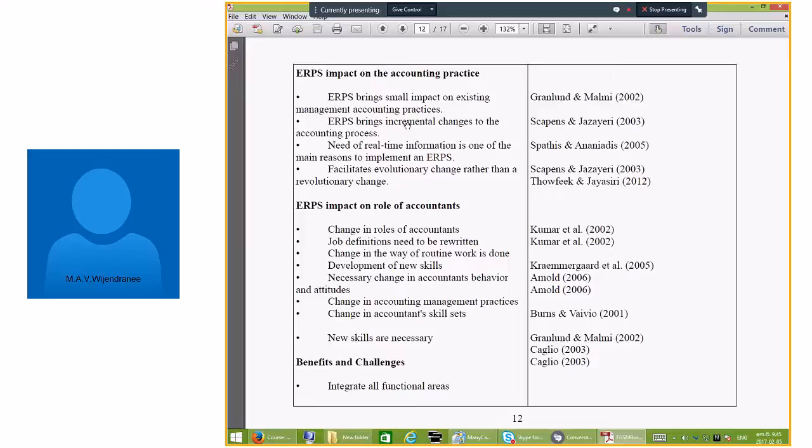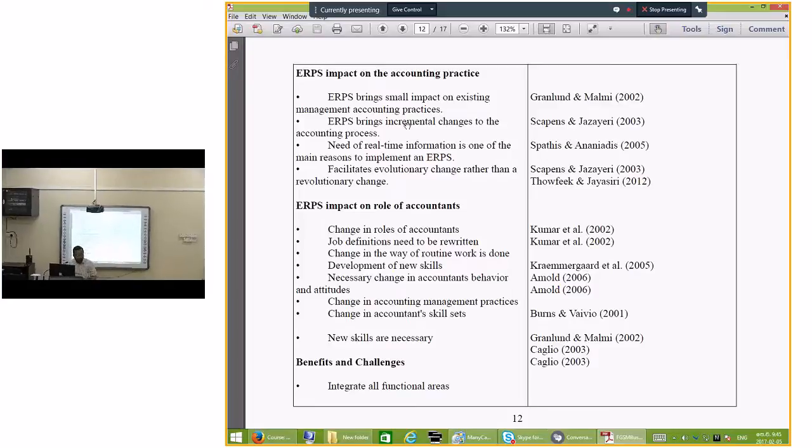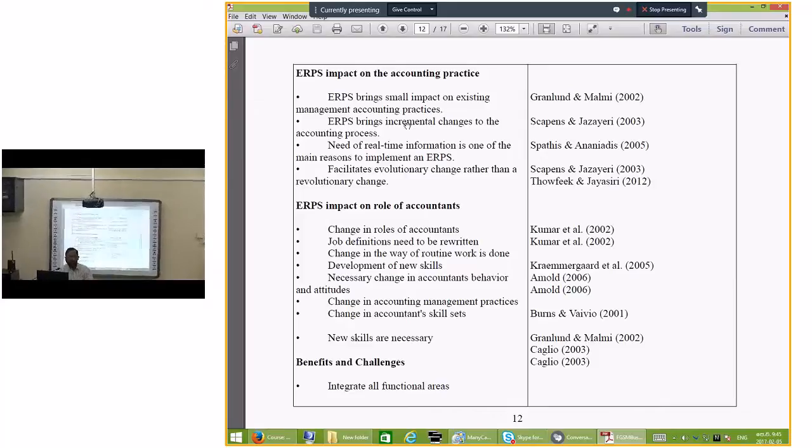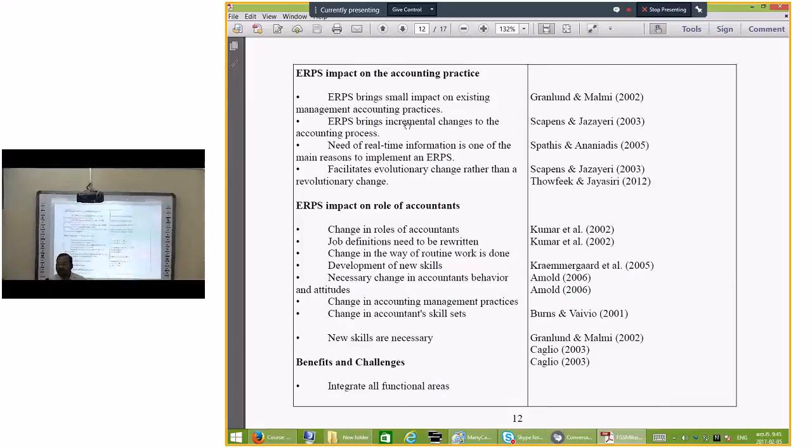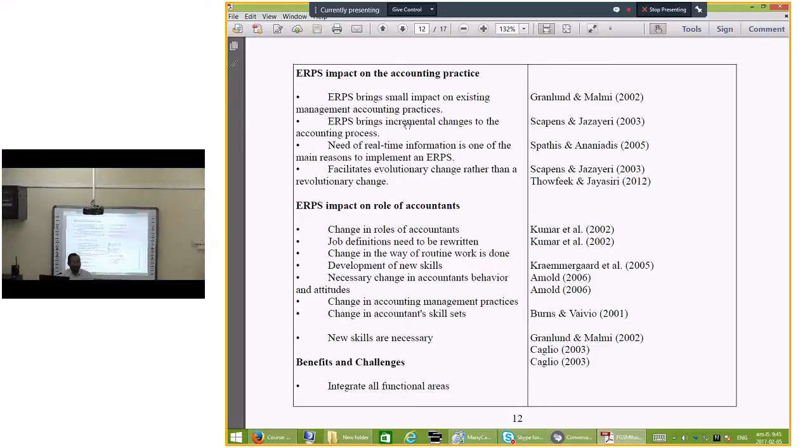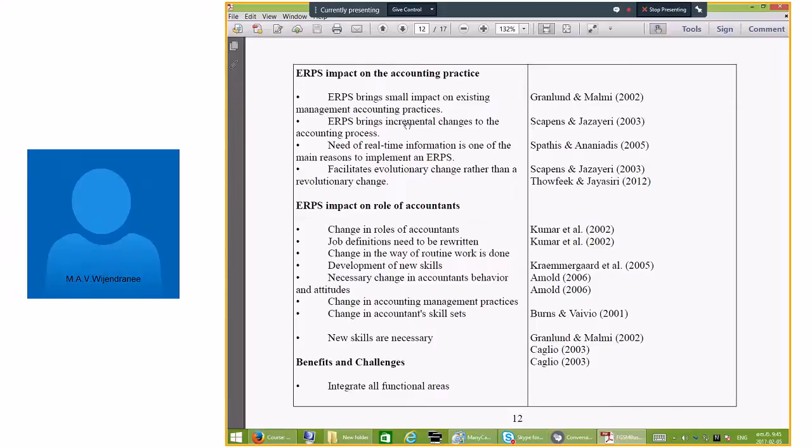Now you go to the petroleum corporation and want to see whether accounting practice has been improved or not. Then how do you ask the question? I am an accountant. Please ask one question from me. I am a corporation accountant. Why did you select the SAP system among other ERPs?